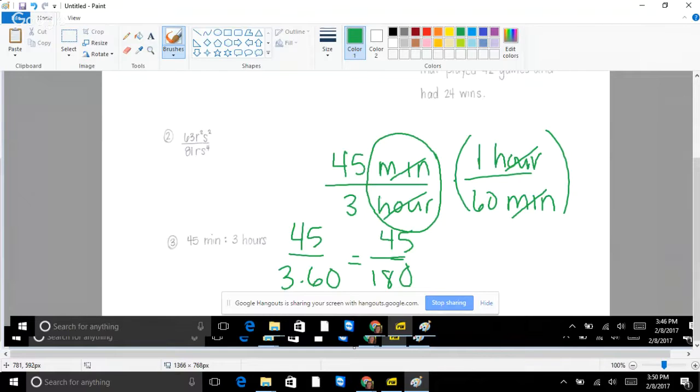And I actually don't have this right in front of me, so let me look. Let's see, I don't believe 45 goes into 180. Oh, it does. 45 goes into 180 4 times. So 1 to 4 ratio. So you'll notice when we simplify, we got rid of all those units, right?